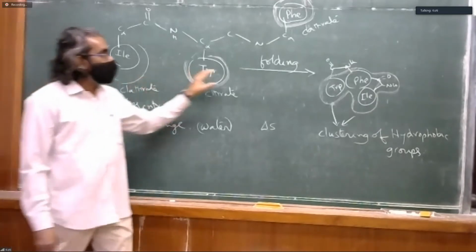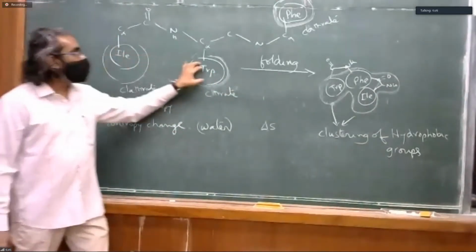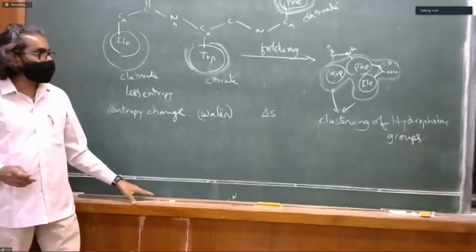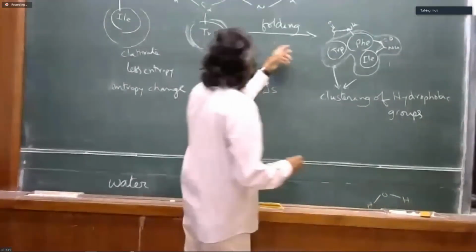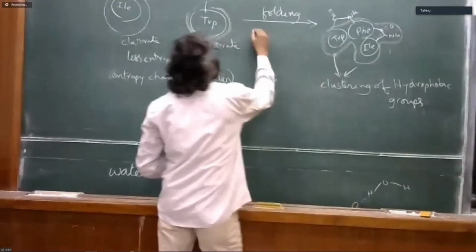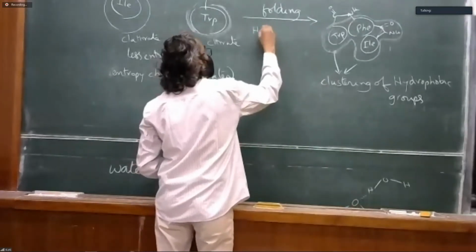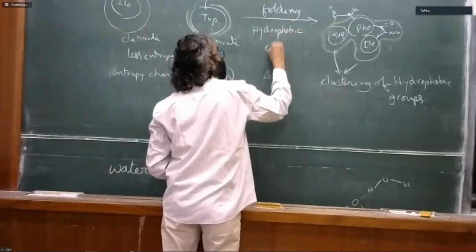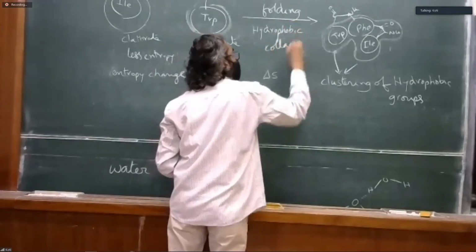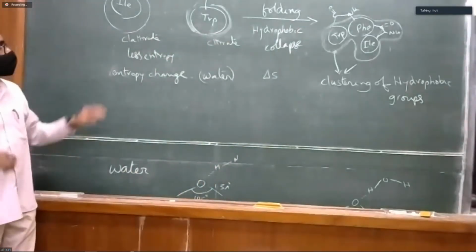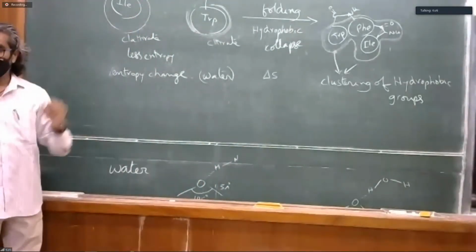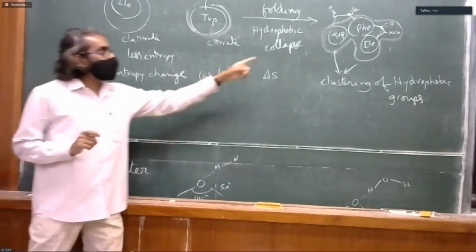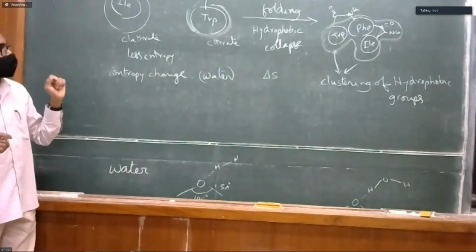On folding, you bring all these hydrophobic groups clustered together so that you have less surface area. This process of bringing all the hydrophobic groups in a polypeptide chain to clump together is called hydrophobic collapse.